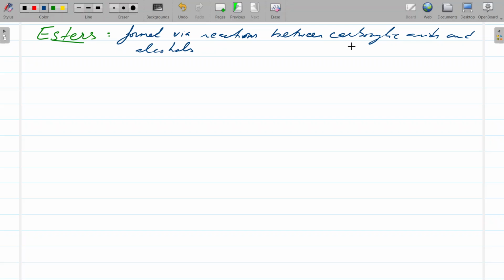So you take a carboxylic acid, you take an alcohol, you react them together, and what you get is an ester. And this reaction is carried out in the presence of a few drops of concentrated sulfuric acid, I'm writing the molecular formula, as a catalyst.